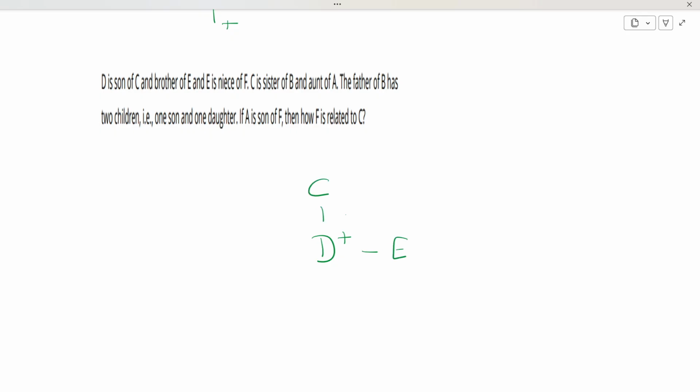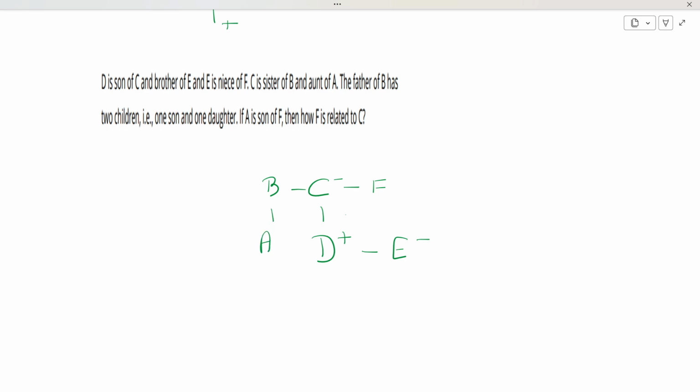Brother of E. And E is the niece of F. E becomes the niece of F. That means F is a sibling of C. C is the sister of B and aunt of A.